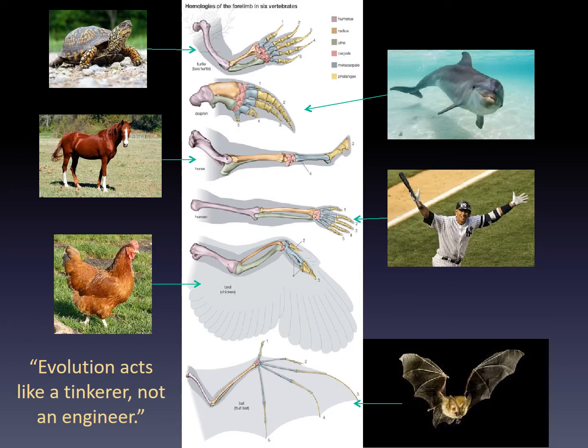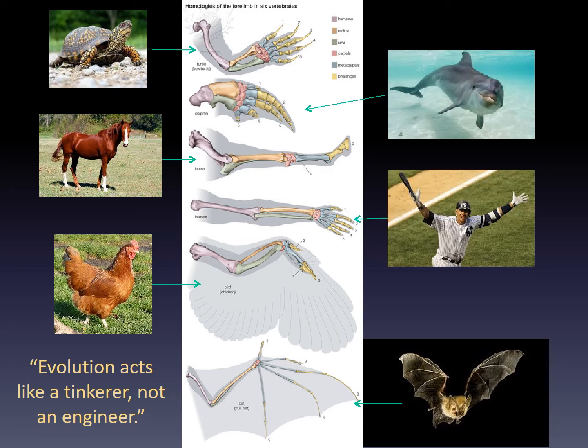In the middle, we have limb structures of turtles, dolphins, horses, humans, chickens, and bats. And they're color coded. All the different bones, the humerus, the radius, ulna, the carpal bones, the metacarpals, the phalange bones, they're color coded, and what we see is that they're all present in all of these different creatures.